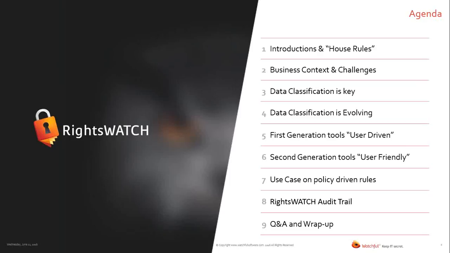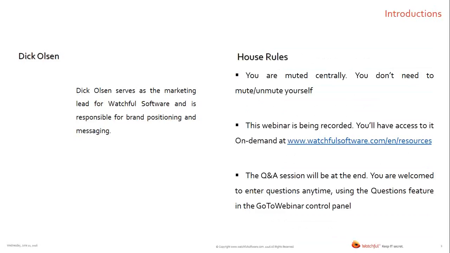Then I'll get into the business context and challenges and talk about why data classification is key, talk about how data classification is evolving, talk about some of the first-generation user-driven tools, and then the second-generation tools that are more user-friendly, and then get into a use case on policy-driven roles and talk about how RightsWATCH, which is the Watchful Software product that we're going to be focusing on today, will set up an audit trail, and then there'll be some questions and answers and a little bit of a wrap-up. So let's move along.